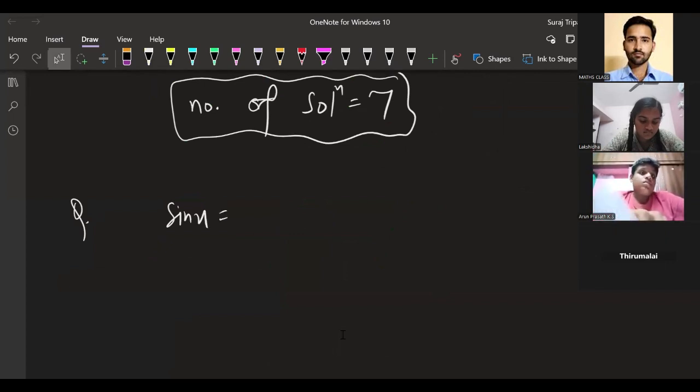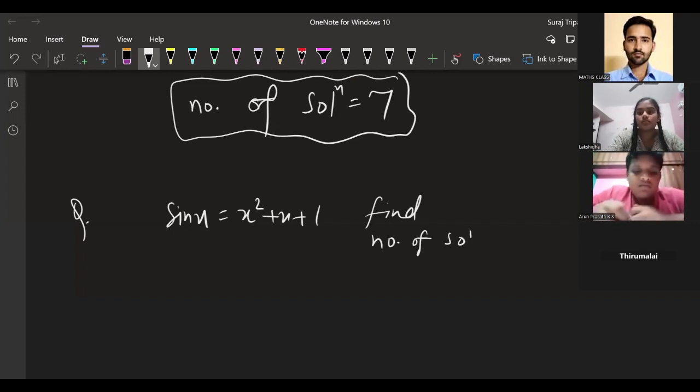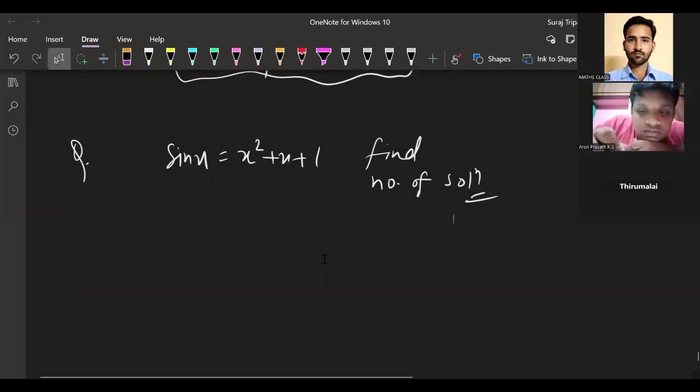Sin x equals x square plus x plus 1. Find the number of solutions.